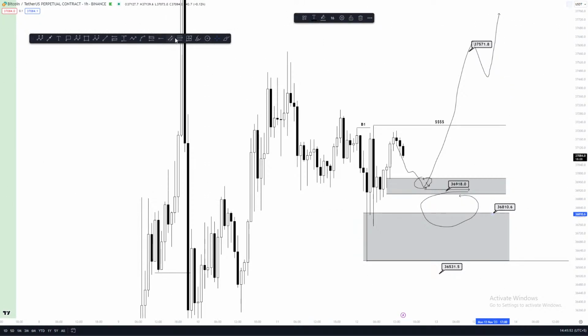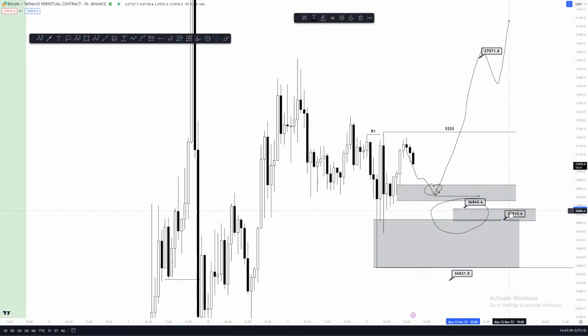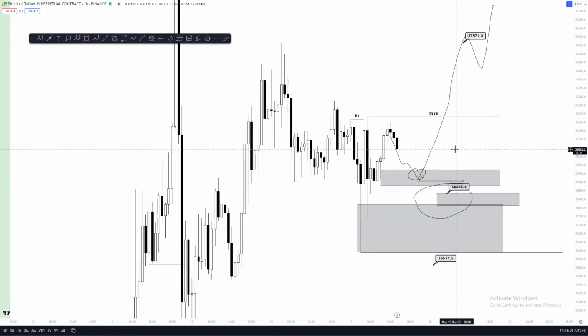So let's make a balance over here. You can take an entry over here, but it might miss us, but that's fine. 36,805 roundabout is a good zone to enter, but I think price may not trigger this one. So yeah, you can DCA over here. DCA at 36,800.